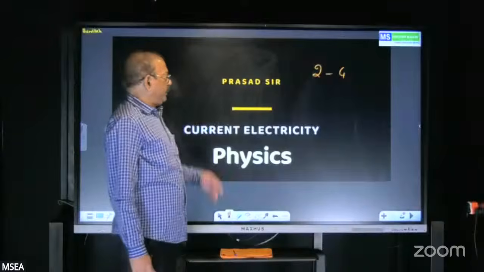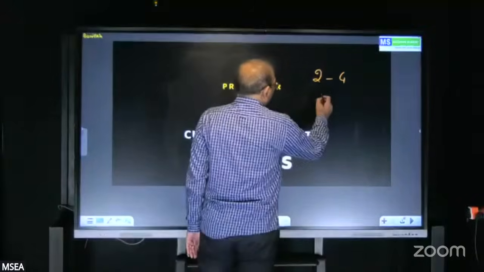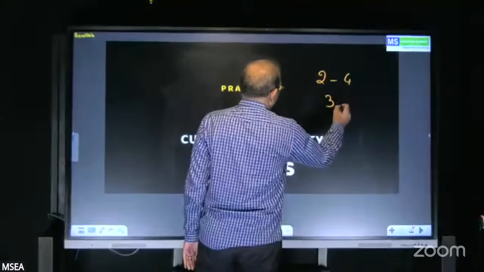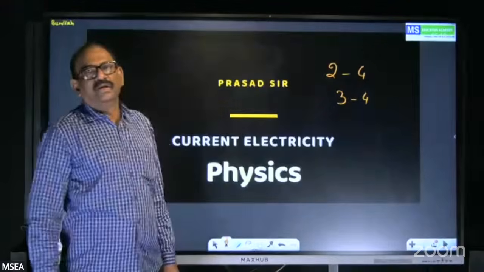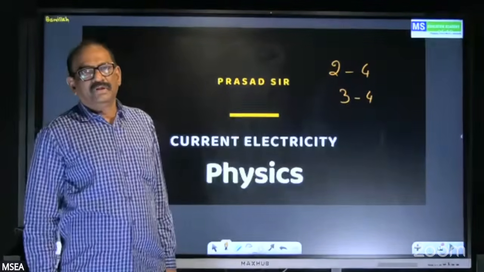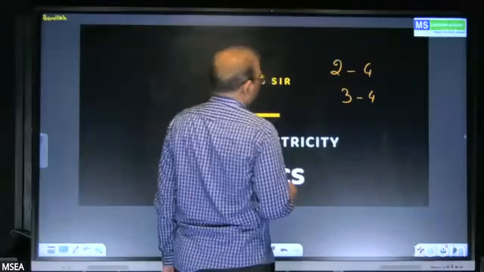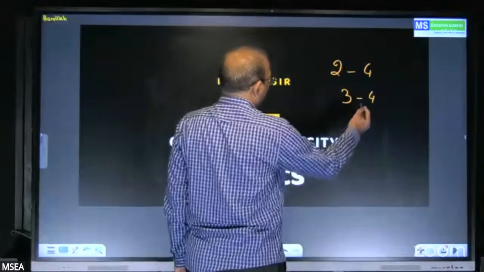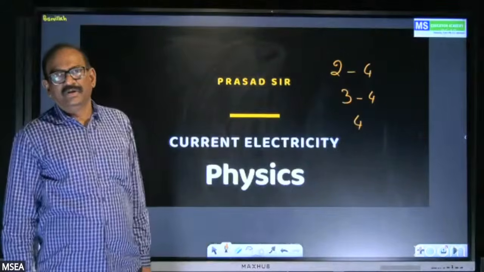If you go through the previous NEET papers, in most cases they give 3 or 4 questions from current electricity. In fact, in the recent NEET exam on May 3rd, they gave 4 questions from current electricity.